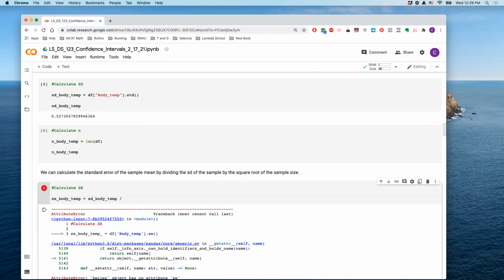Okay, and we can divide by the square root of the sample size. So the square root you have to either get with the math or the NumPy library.